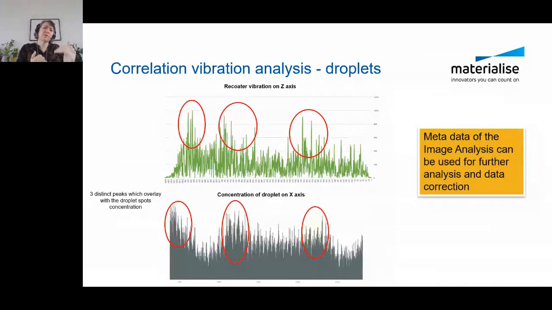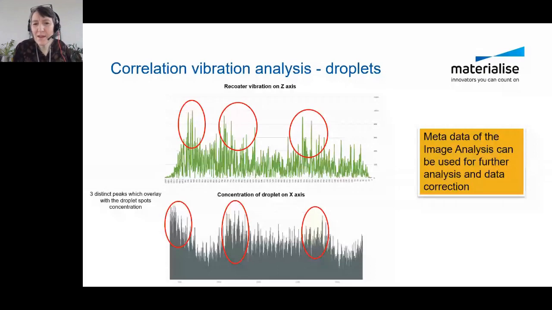And we really could see in terms of peaks, when there were more vibrations, we also had more droplets. So we know where we need to make corrections on the machine to avoid the amount of droplets, because they don't always cause that full mayhem and Armageddon day on the machine. So keeping that amount of droplets low definitely has a huge impact on build failures and build crashes of the machine, which again saves a lot of money.